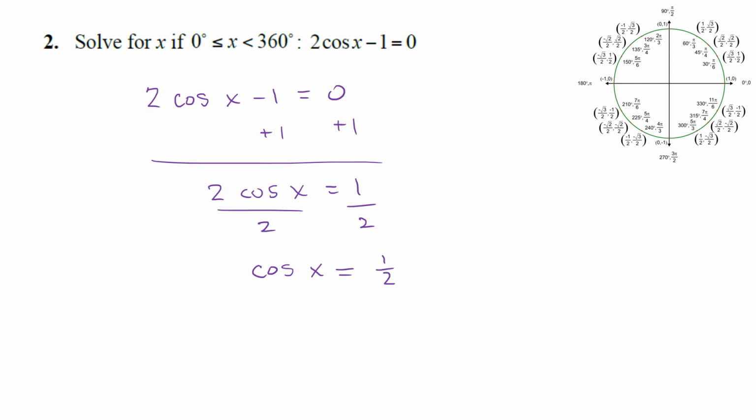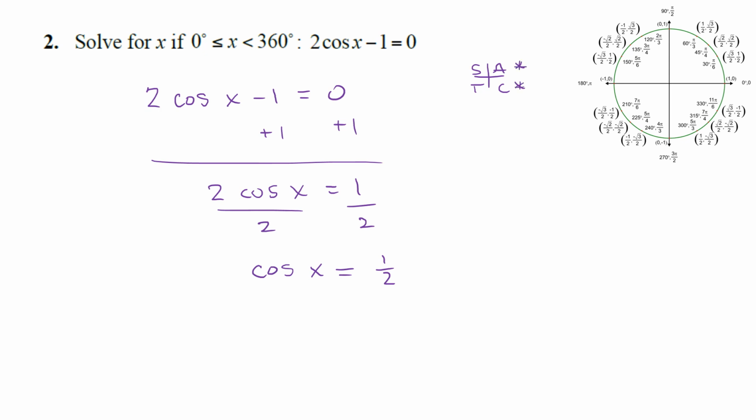So we want all of the x values where cosine equals 1/2. And we can use our unit circle to help us, and we want the angle measurements between 0 and 360 degrees. Since the cosine here is positive, using our acronym, All Students Take Calculus, we know that cosine is positive in the first and fourth quadrants.